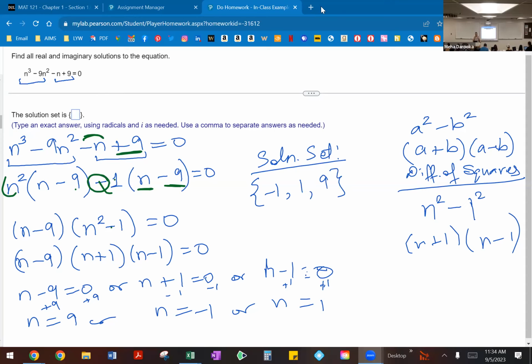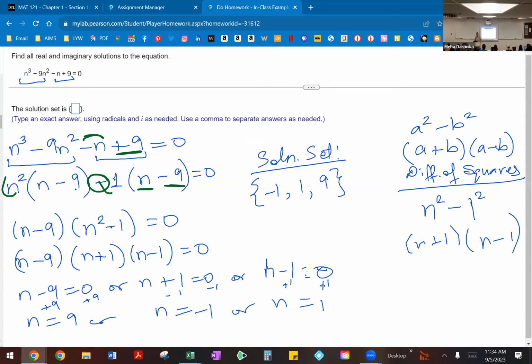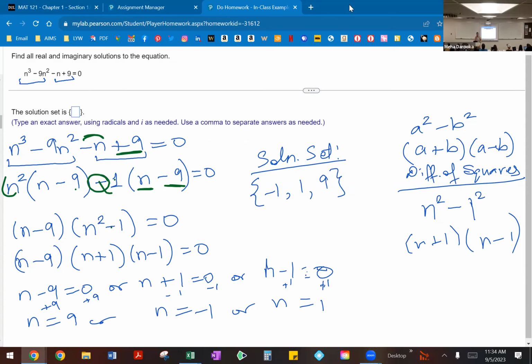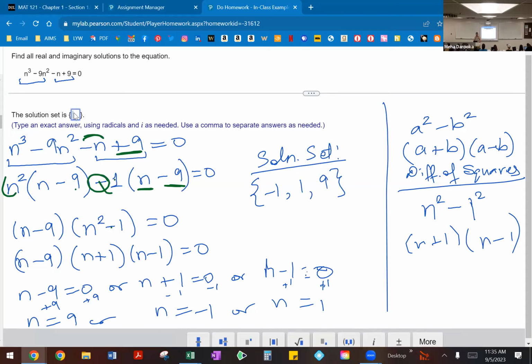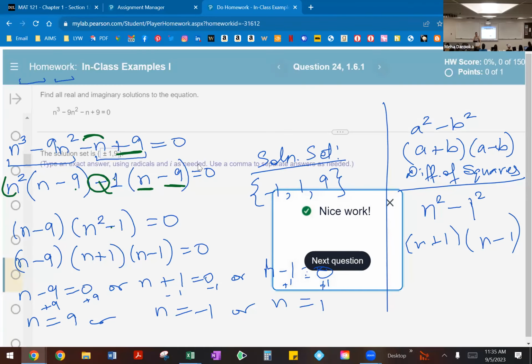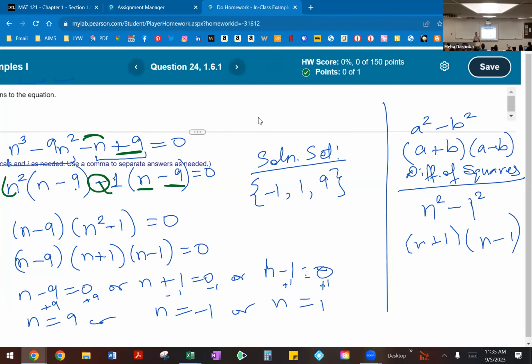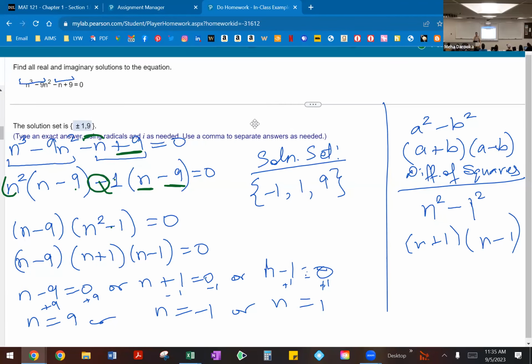Alrighty, let's plug these guys in, make sure we get this correct. So yeah, you guys can do that with the plus or minus 1 again.